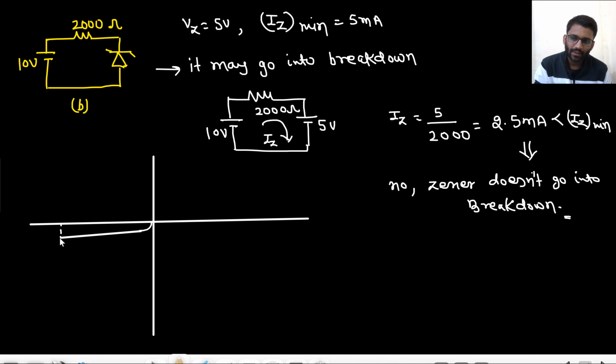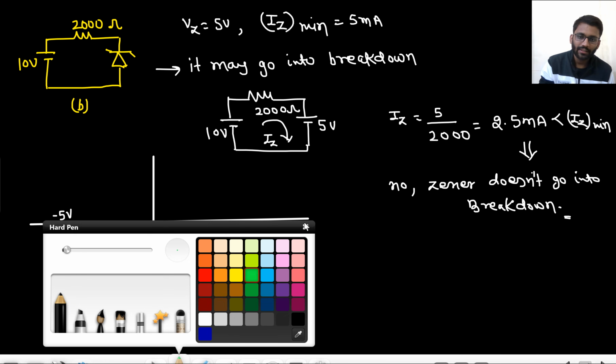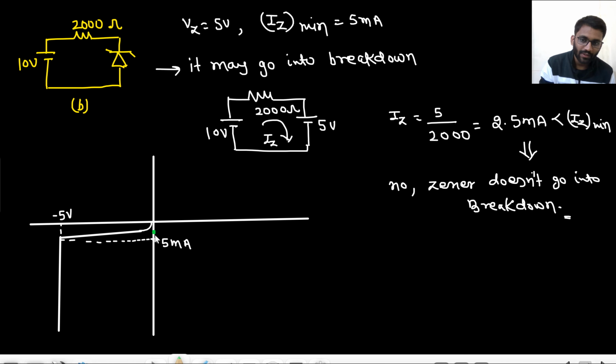So you thought that you are here, at 5 volt, minus 5 or whatever you can write. Since this is providing zero impedance, I can replace it with a straight line only. At this point, the minimum current is 5 milliampere, that is given. But the current that you are getting is only 2.5 milliampere.